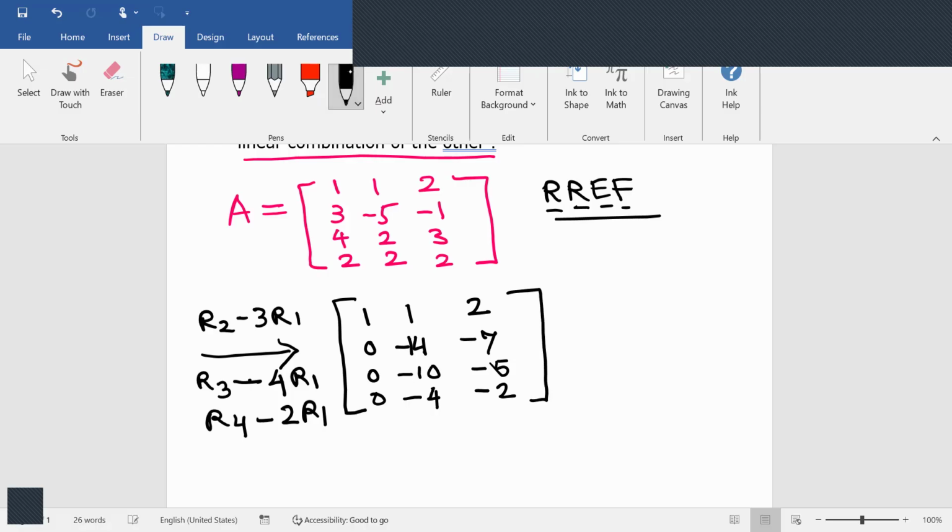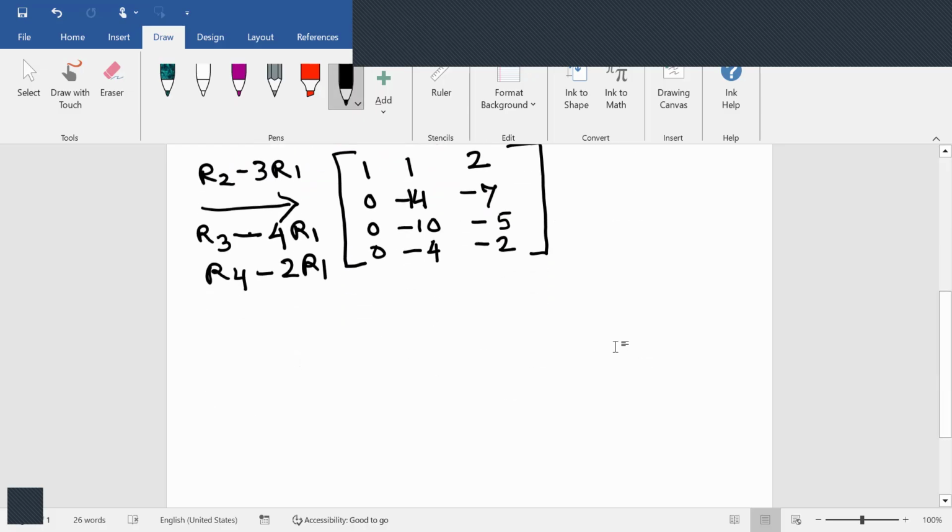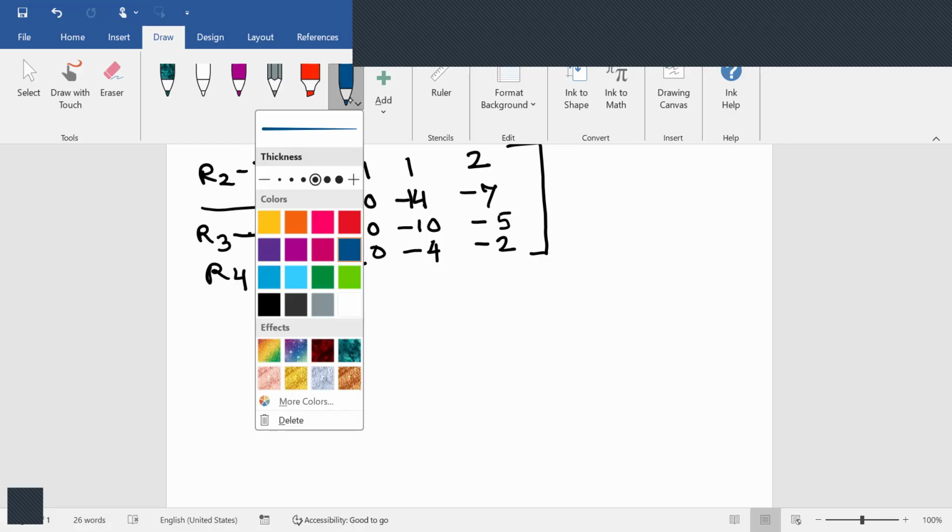You are advised to do these arithmetic operations yourself so that it will be better for you. Now, in the next one, we are going to see whether we can reduce this further.